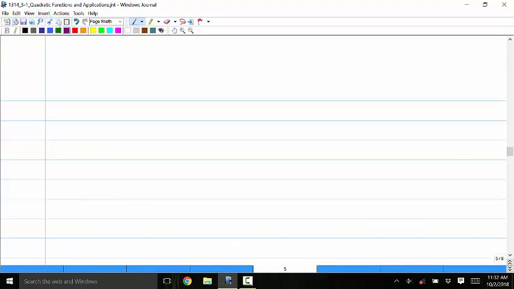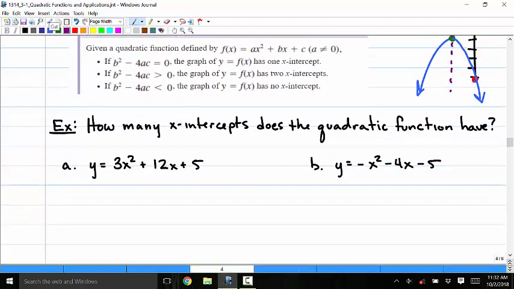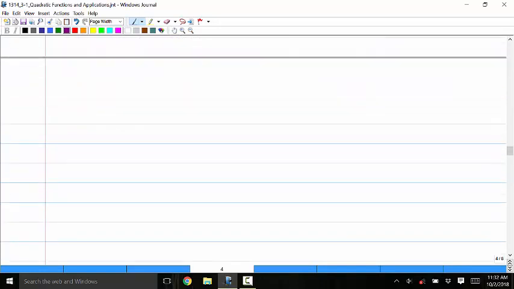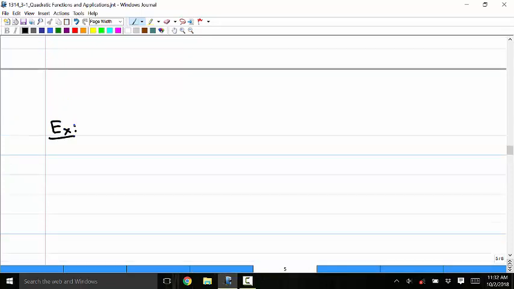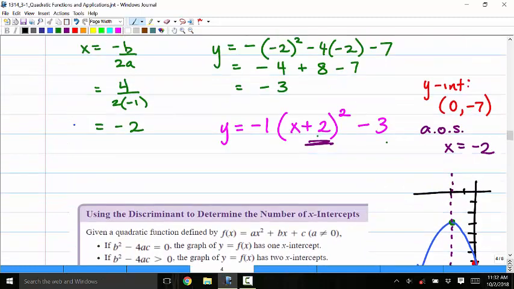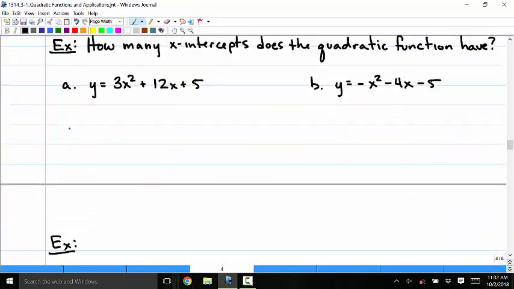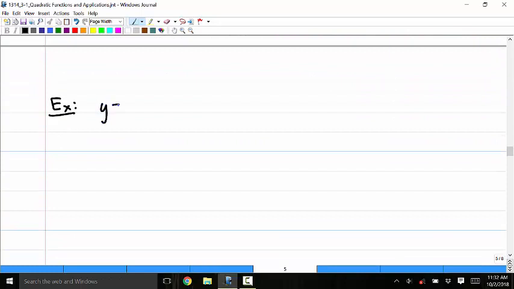Insert new page. Whenever you're finding the x-intercepts, for example, what was the one up above? Negative x squared minus 4x minus 7. If I wanted to find the x-intercepts, do you remember the quadratic formula?